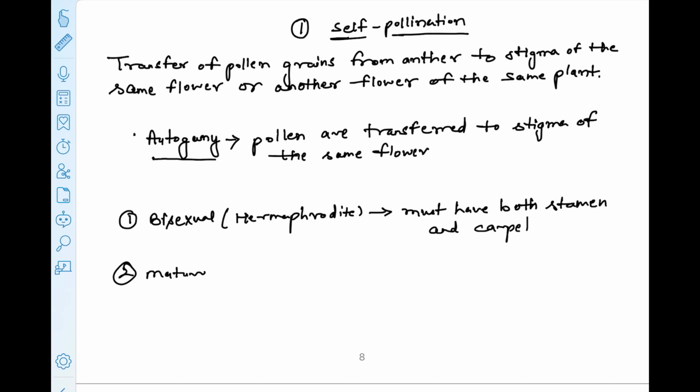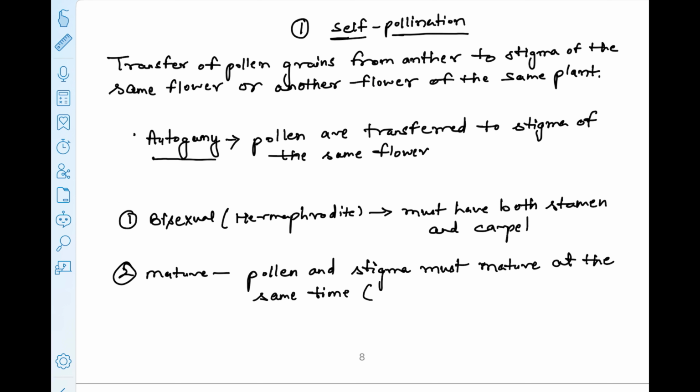Second, pollen and stigma must mature at the same time, and that is known as synchrony. And third is close proximity. Anther and stigma should be near each other for easy pollen transfer.